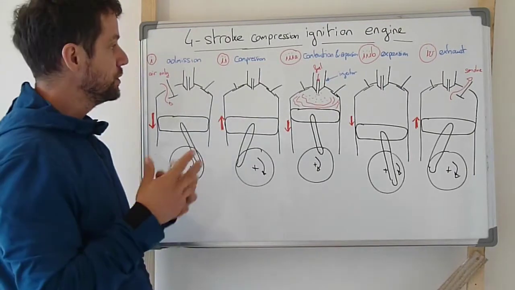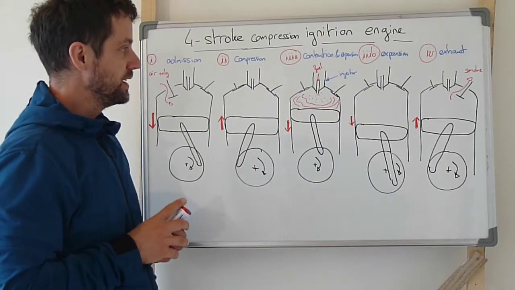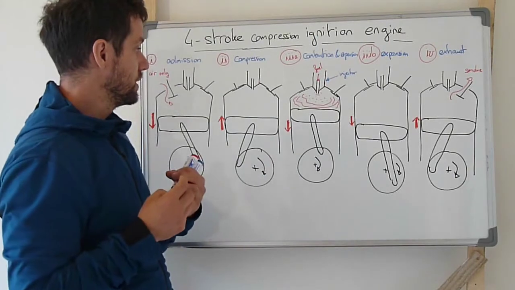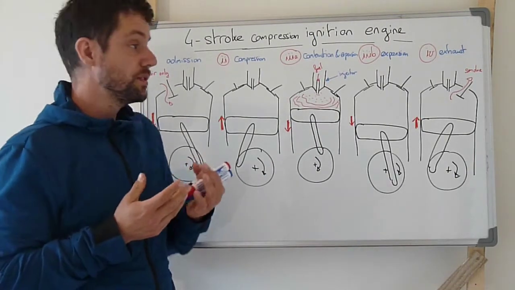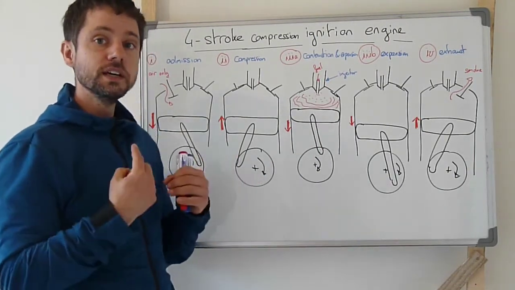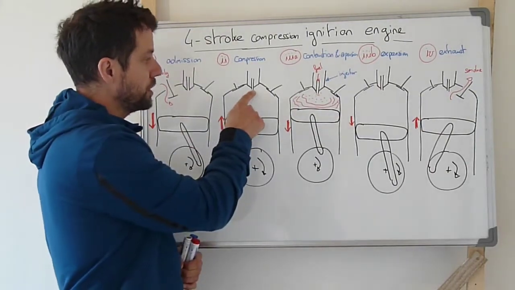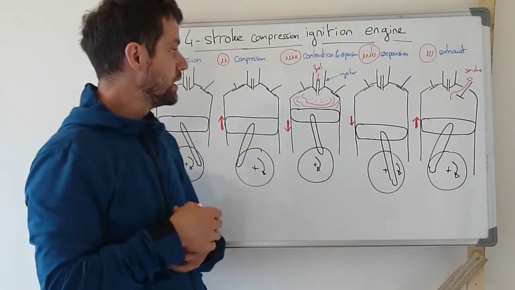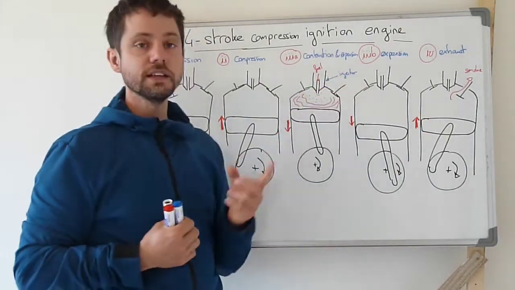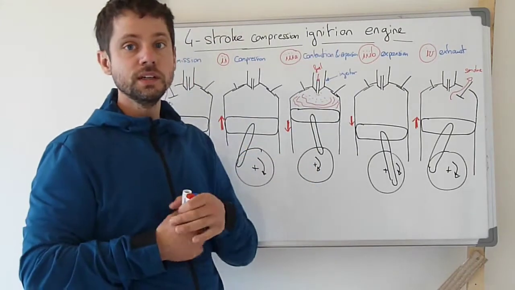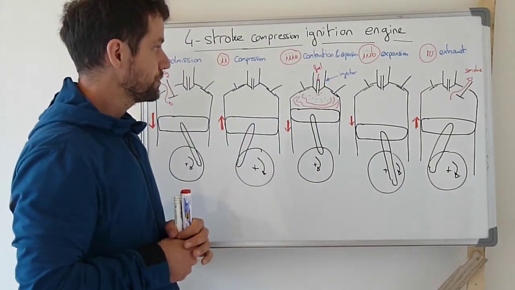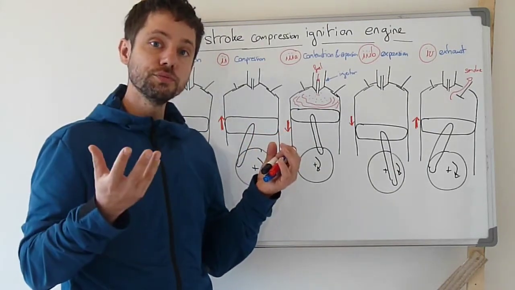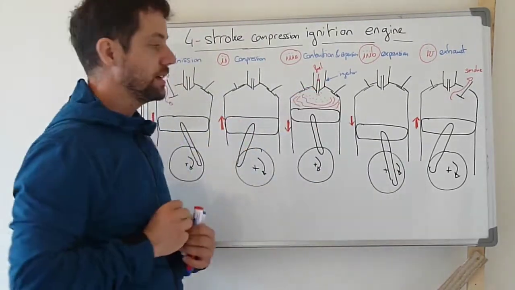Then we have new differences here for the ignition of the fuel, because the fuel is not yet present. So instead of having spark plugs at the upper part of the cylinder, now we need injectors that are used to inject the fuel inside the cylinder. In order to inject, the fuel needs to be at a higher pressure than the pressure we have inside the system.